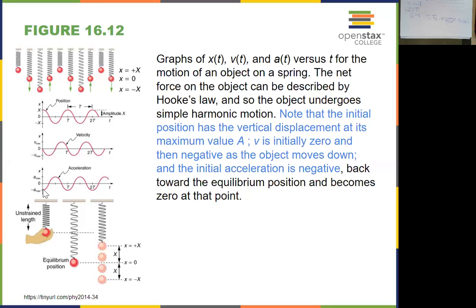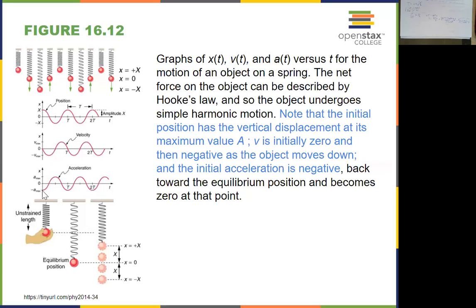For acceleration, you look at the slope of this velocity versus time t curve. At this point, the slope should be maximum, but it is in the decreasing direction.